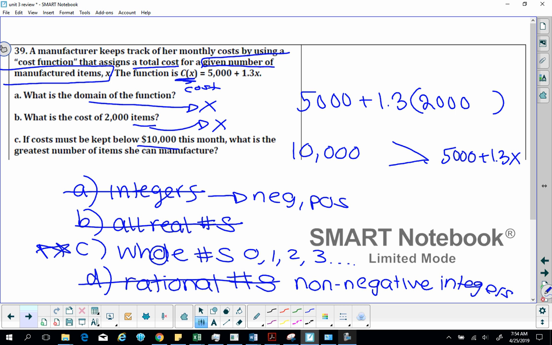You don't need to put that. You just type it right in. For 5,000 plus 1.3, you just put it right in your calculator. So, did you guys get the first answer? Just typing it right into your calculator.